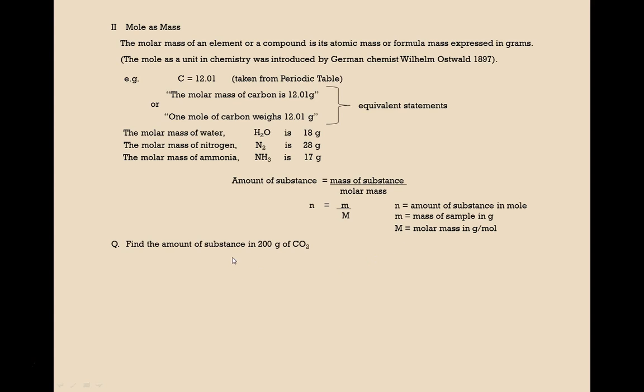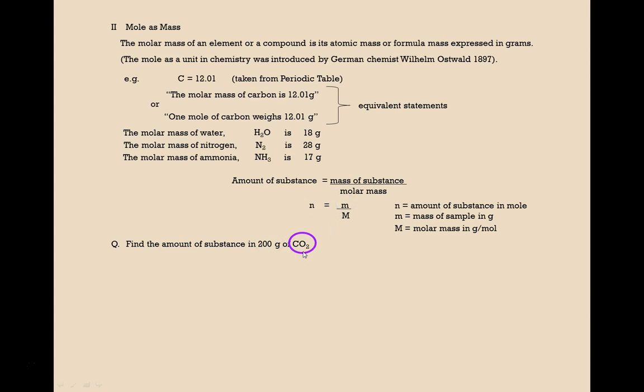Let's look at 2 typical questions. Find the amount of substance in 200 grams of carbon dioxide. Again, pay attention to the words and numbers and relate them to the letters. If we look at the word amount, that should indicate to you that we're talking about n. When we see 200 grams, that's a mass, that should lead us to small m.